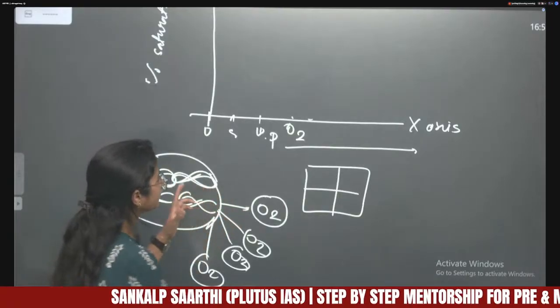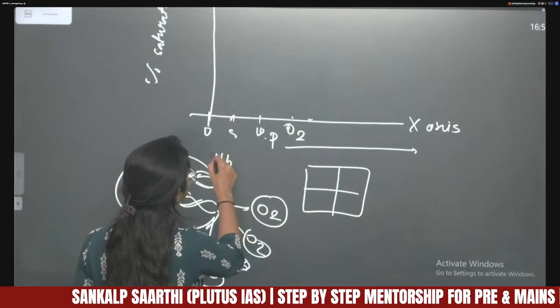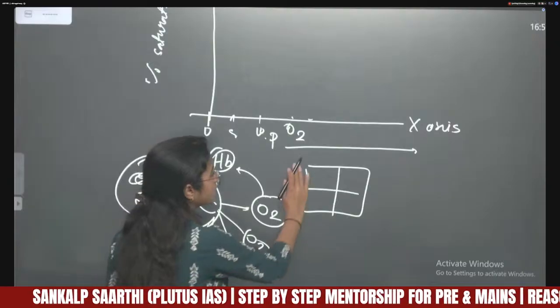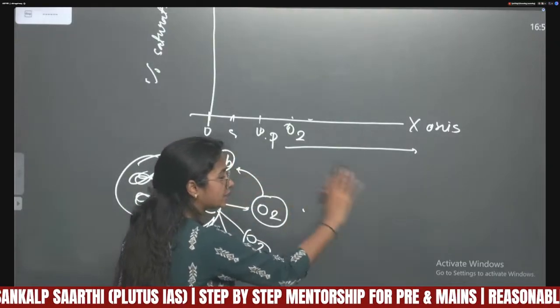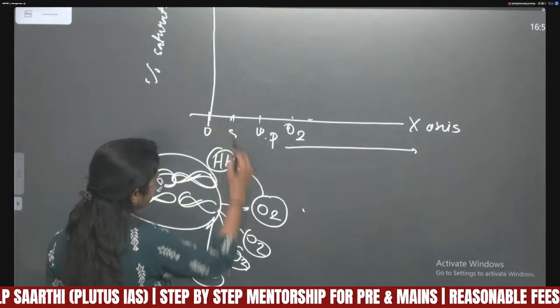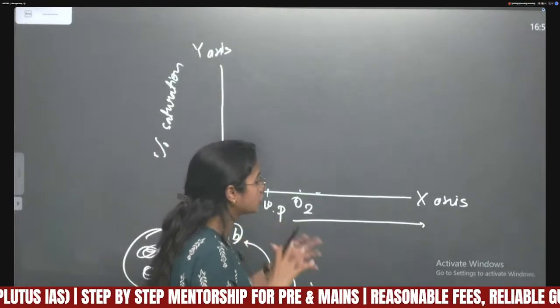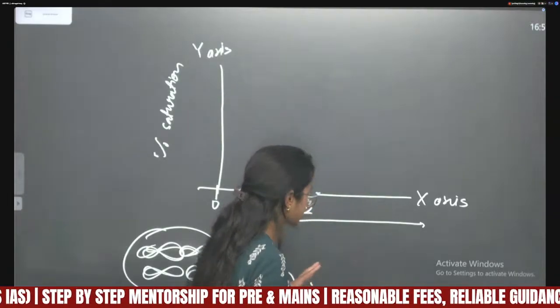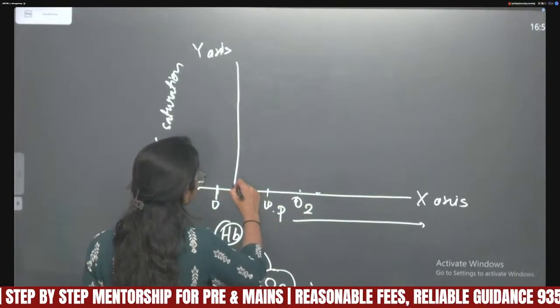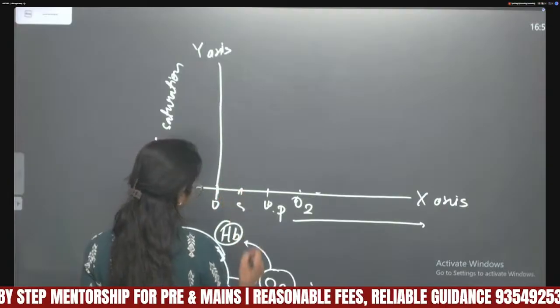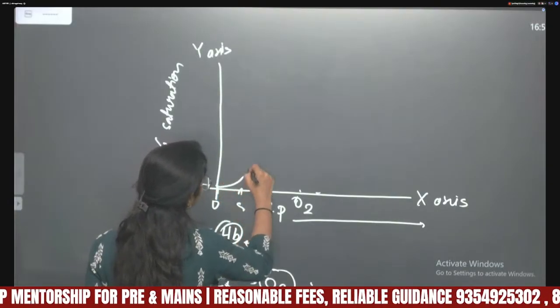The binding of Hb with the oxygen molecule increases one by one. Forget about the T and R state. So initially what is happening, initially even in the association or the dissociation, in both of the things, it is gradually increasing.